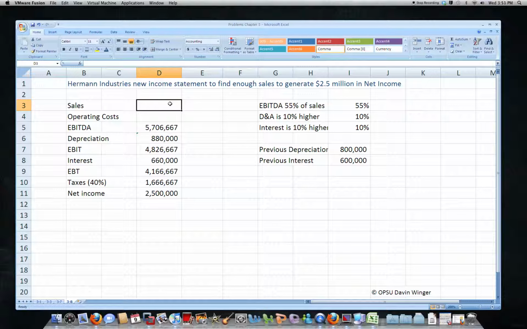Now our operating costs are 55% of sales, so our EBITDA is 45% of our sales. That would mean that our sales would equal our EBITDA divided by 1 minus 0.55.